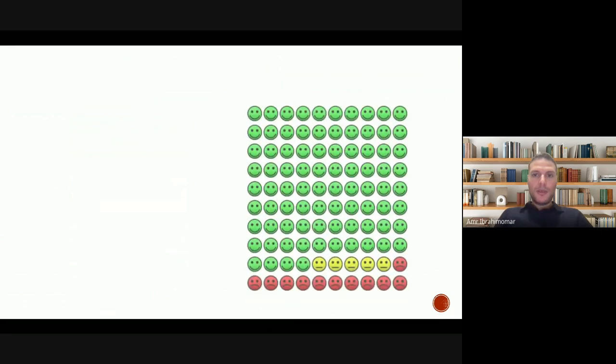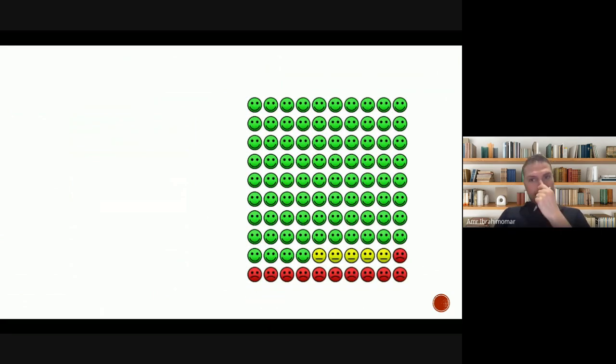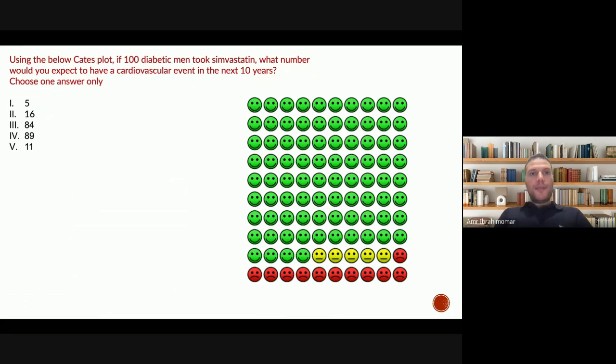All right. Let's have an example. Please, guys, focus carefully because it is a good example, and I will tell you the trick, though I know most of you will not fall for it because this is the most basic question about Cates plot.